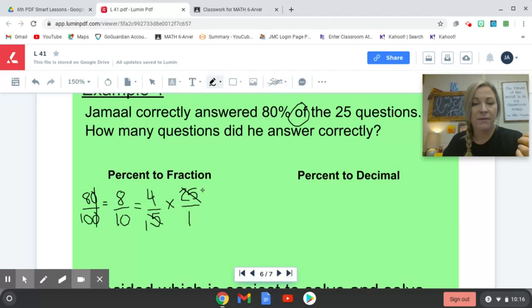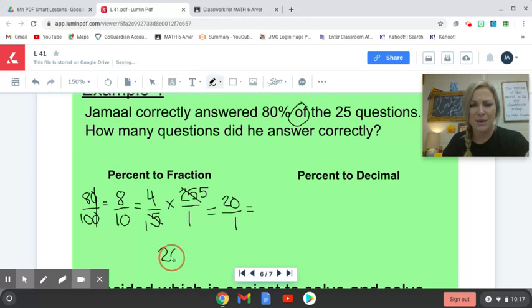Now I just need to multiply across. I have 4 times 5 is 20. 1 times 1 is 1. And just like in the problem before this, anytime we have 1 in the denominator's place, the more simplified way to provide an answer is just to get rid of that, and our answer becomes 20.